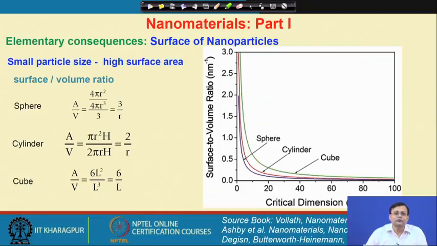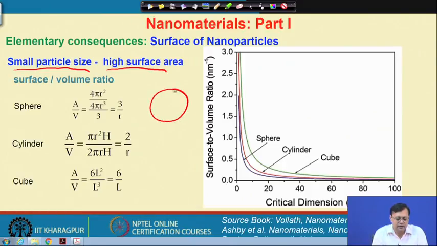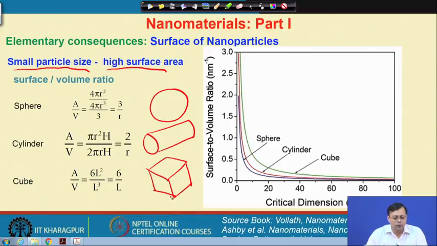So, in case of surface related property changes, we can simply start with a very fundamental calculation. It is for sure that once the particle size is small, the surface area around a particle, whether it is a sphere, a cylinder or a cube, will be higher, but we can simply estimate it.